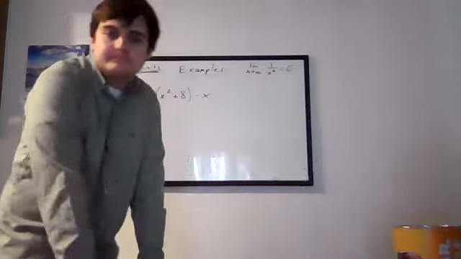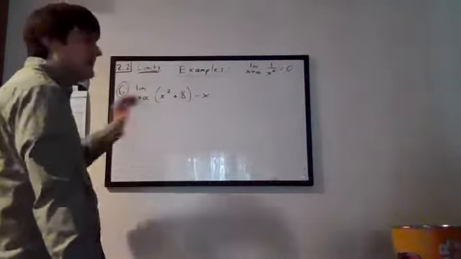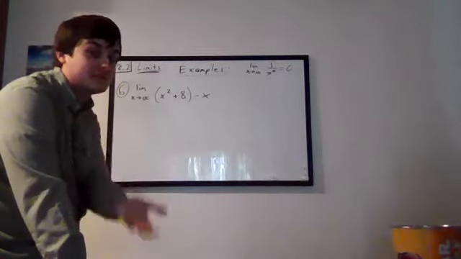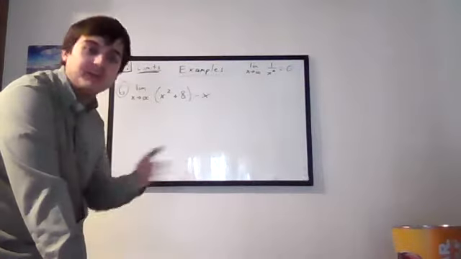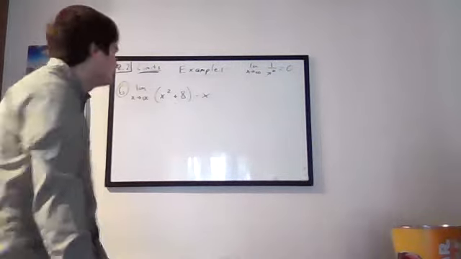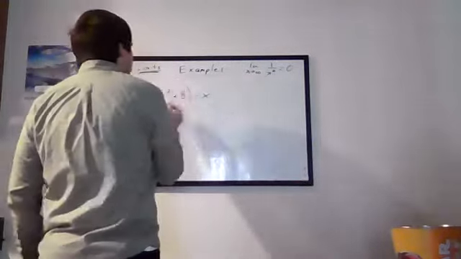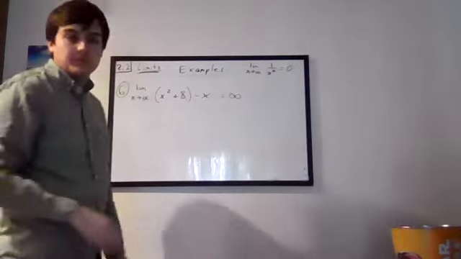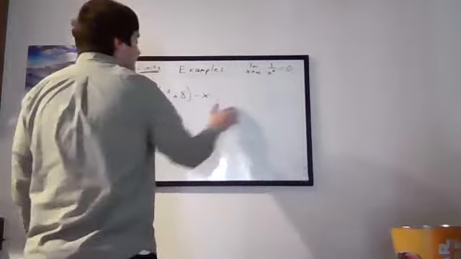Which one's bigger? The x squared, right? So if I have infinity squared minus infinity, this one would clearly win, and we would say in this case that this limit's infinity. But that's not the problem we're dealing with.